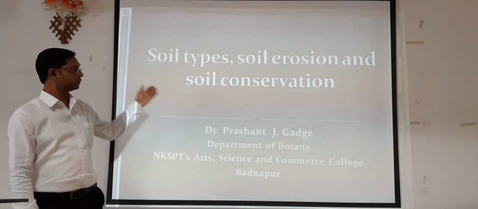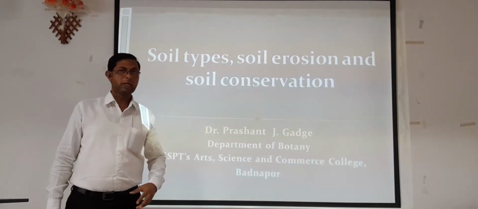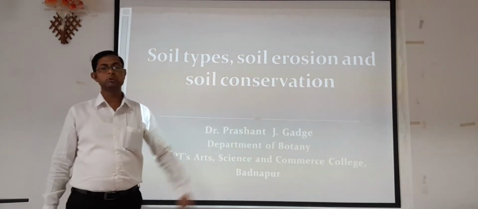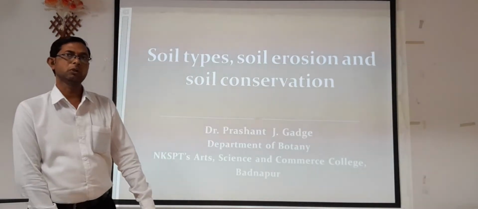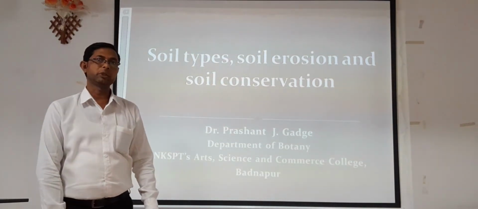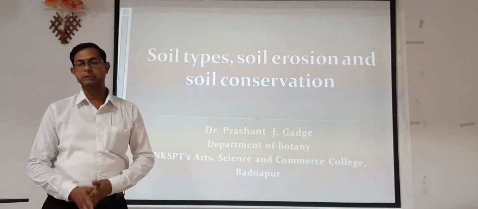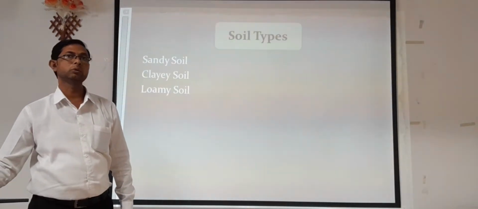This soil gets eroded, and the erosion of soil needs to be conserved by a particular method. So in today's lecture, soil type is the most important parameter we are going to discuss.